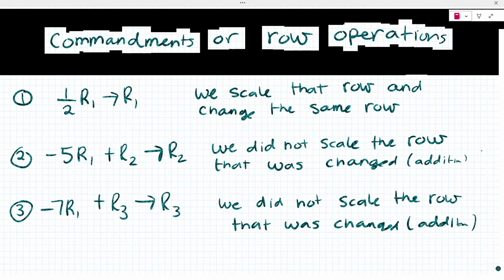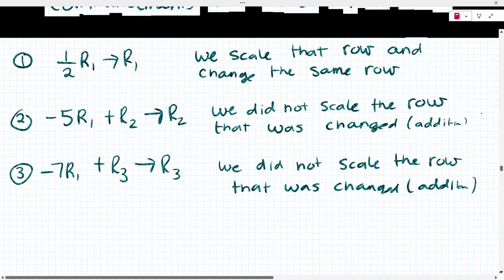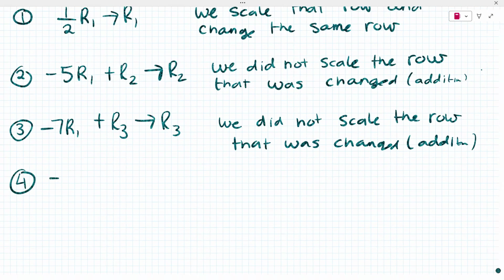Okay. And then the last commandment, it was negative 2 row 2 plus row 3 gives me row 3. As you can see, the scalar negative 2 is not related to this row, so that does not change.